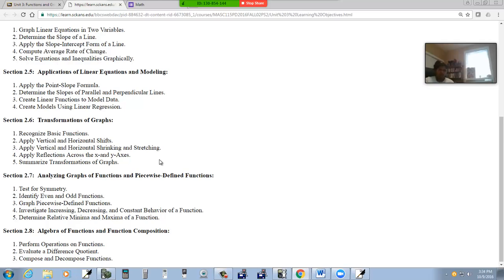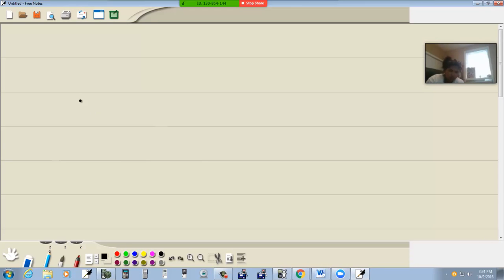Now let's talk about some of these shifts and some of these different items that happen. I like to do these by example. So if I have y is equal to x squared minus 3, if you remember, the x squared is our U-shaped graph. When you got a number at the very end or a number at the very beginning in terms of addition and subtraction, this is going to shift it up or down.